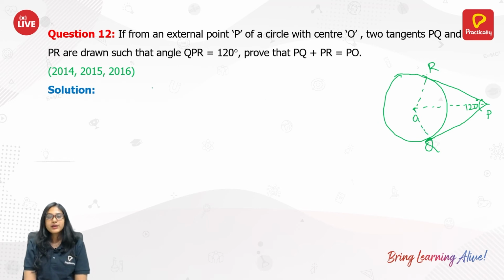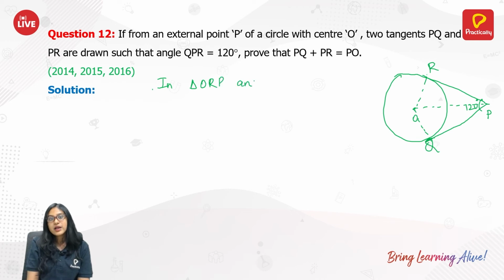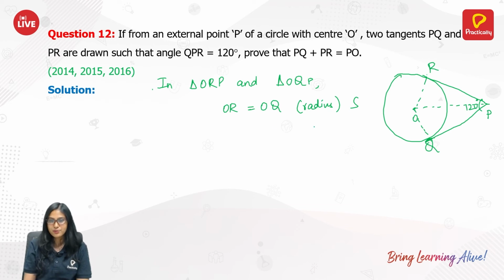Now, do we know that PR equals PQ? Of course, yes. Why? Theorem: tangents drawn from an external point of the circle are equal. Now, let us use the concept of congruency first. In triangle ORP and triangle OQP, OR equals OQ, radius. Now, you must be very familiar with this type of questions.